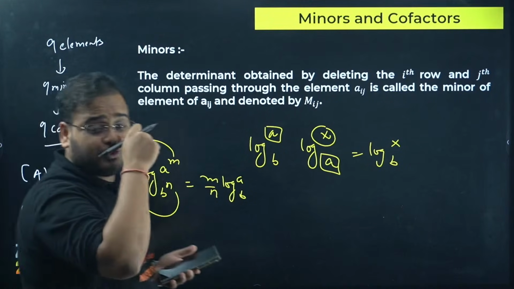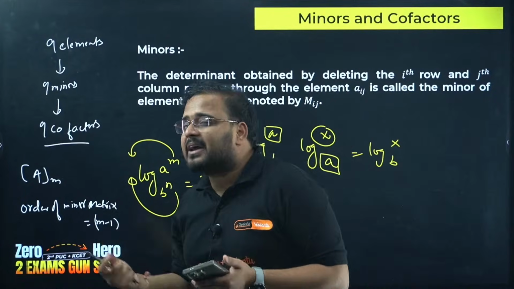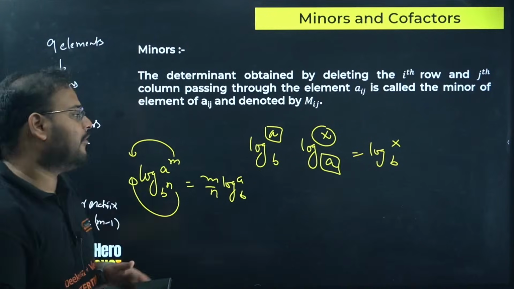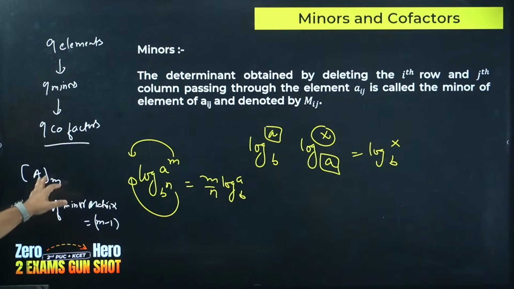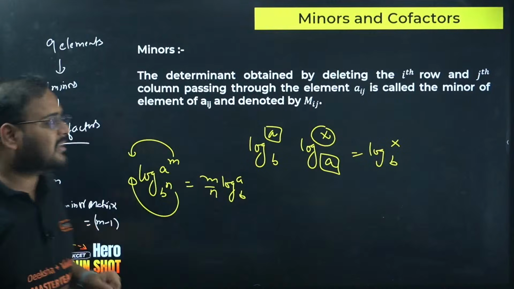In the previous case, when the given matrix was of order 3 cross 3, the minor was coming as a 2 cross 2 matrix. Same way over here, every time the order is M for the given matrix, the minor matrix becomes of order M minus 1.